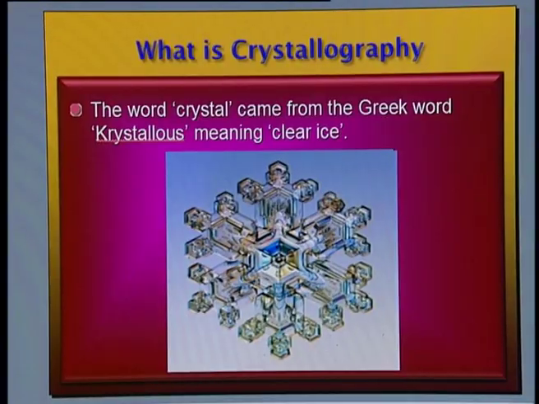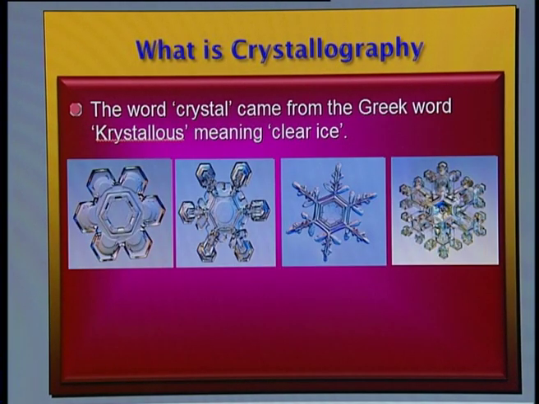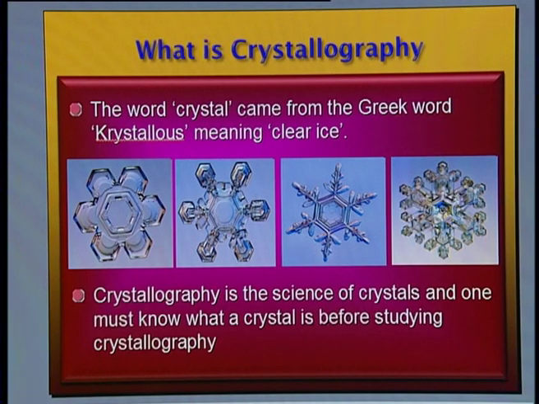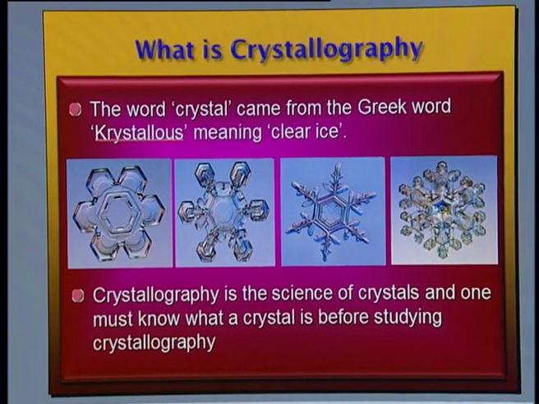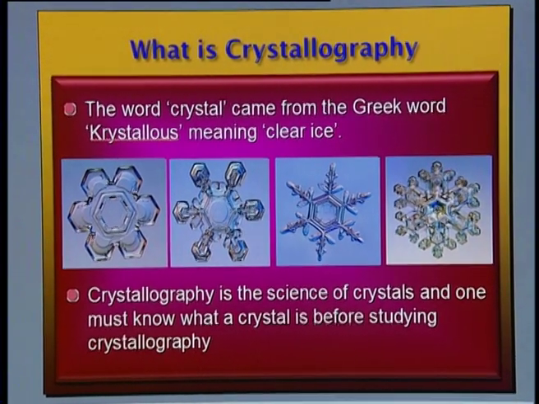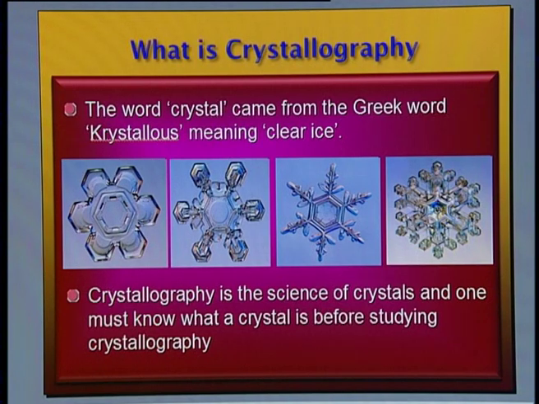The word crystal came from the Greek word crystallus, meaning clear ice. You can see in these slides some of these crystal flakes, which originally they called crystals. Crystallography is the science of crystals, and one must know what a crystal is before studying crystallography.